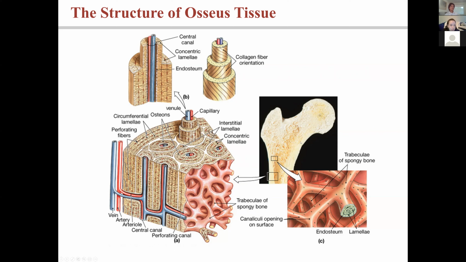On the other hand, in spongy bone, calcification happens in a tube-like fashion, where this level of calcification gives this bone a level of hardness, of structure, but at the same time a level of flexibility.